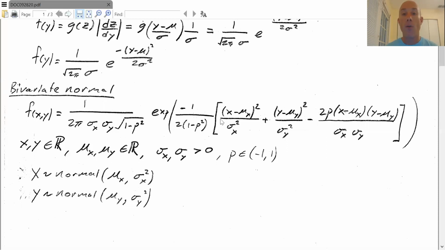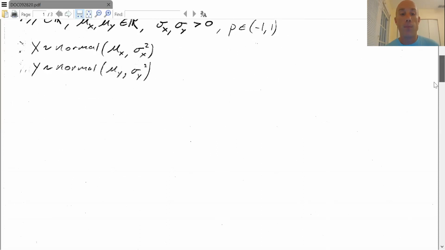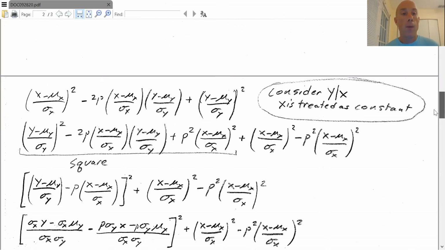All right, so I'm just going to focus on this bracket here. I'm not going to worry about any of the other stuff. I'm not going to worry about this -1 over 2 times 1 minus rho squared. I'm not going to worry about the exp. I'm not going to worry about this constant out front. All right, so I take a good hard look at this. I see I've got something squared, two things multiplied together, and something squared.